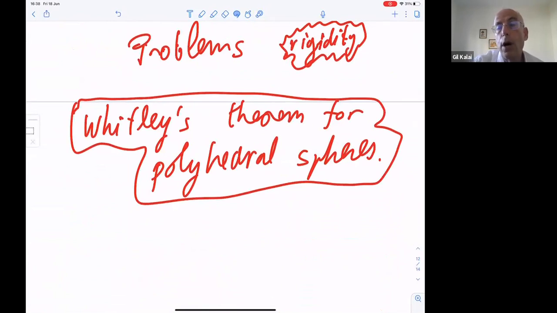As I said, there are some very nice connections between rigidity of frameworks and convex polytope theory. And I also expect connections with Helly-type theorems that I mentioned in the second lecture. I know a few of them, but not so many. Let me mention some problems regarding rigidity.